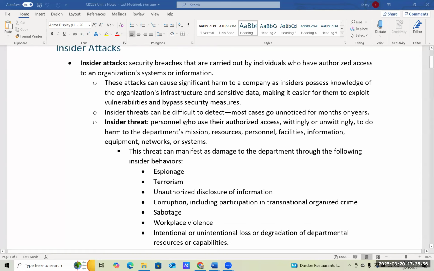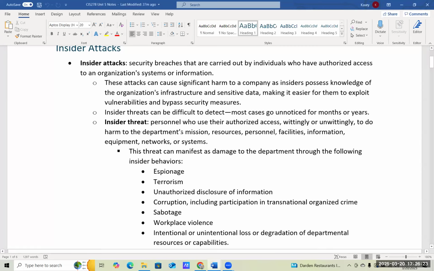Insider threats are personnel who have authorized access, right? And have information about the company. They might have access to resources, department information, facilities like the physical building, storage, areas of the facility, and then equipment, networks, and systems.